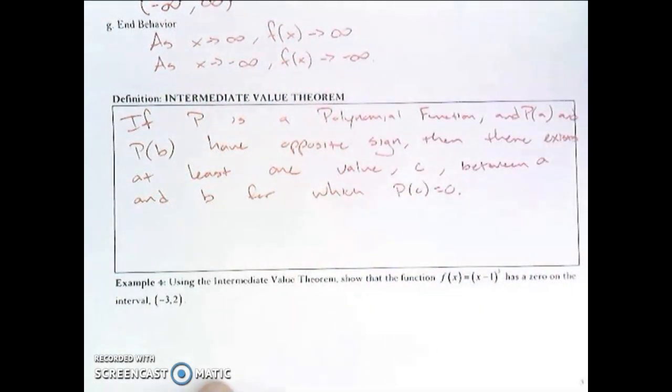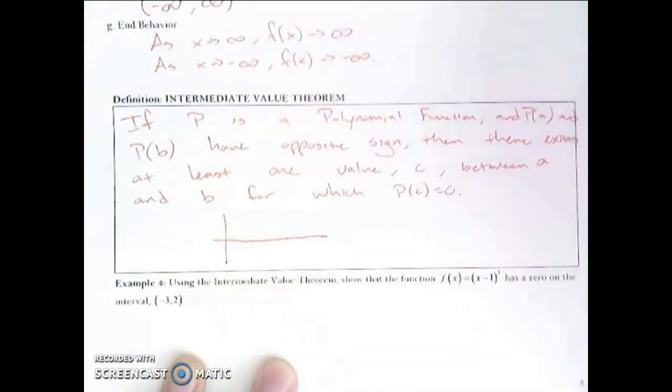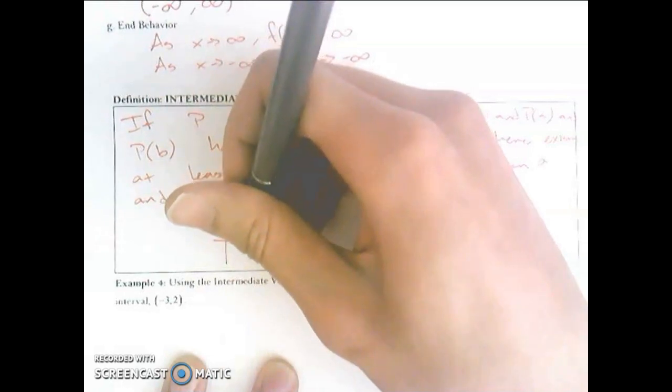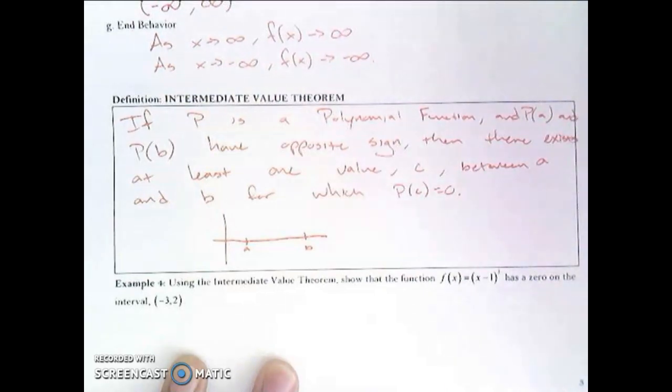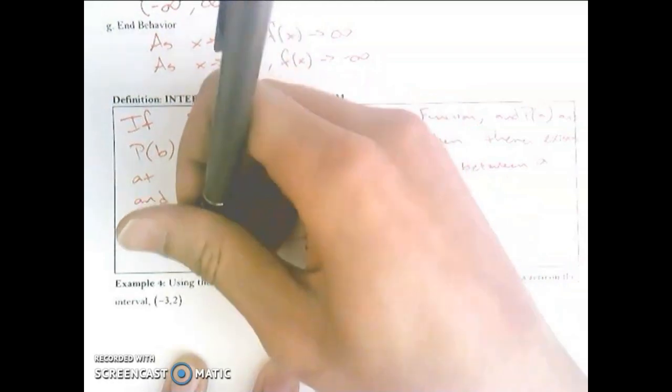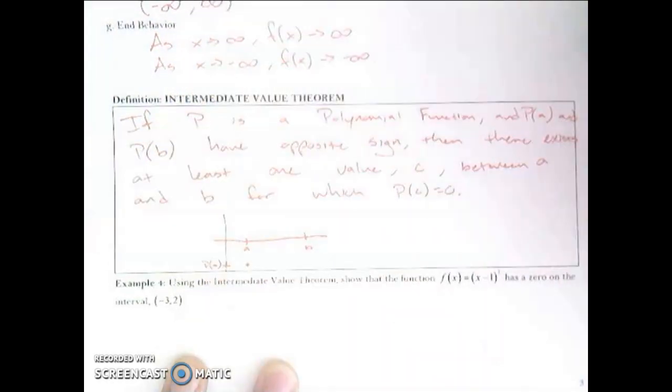So let's see exactly what that means. Say we've got a graph here. We've got a function where a is here, b is here, and we'll just pick that p of a is negative. We'll say that it's down here. We know p of b has to have the opposite sign, so we'll say it's up here.